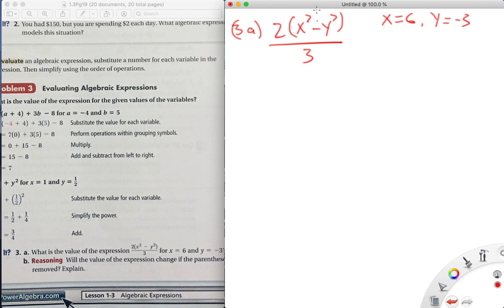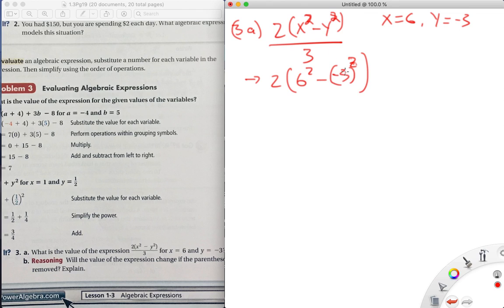So I'm going to substitute 6 for x, negative 3 for y. So this becomes 6 squared minus negative 3 squared.